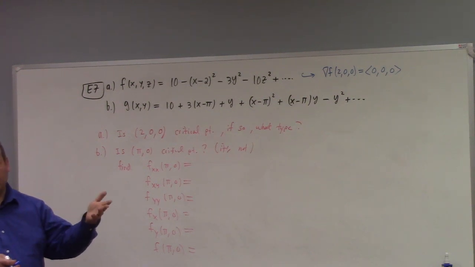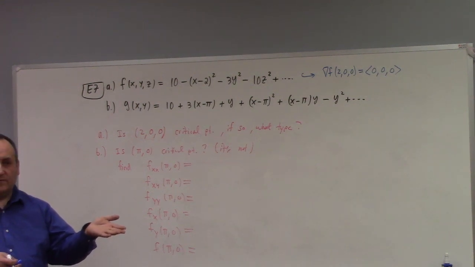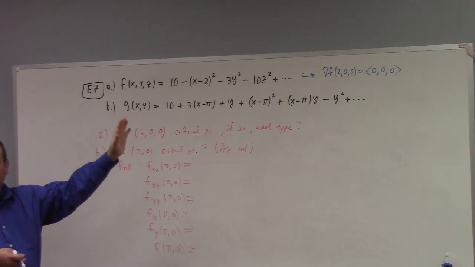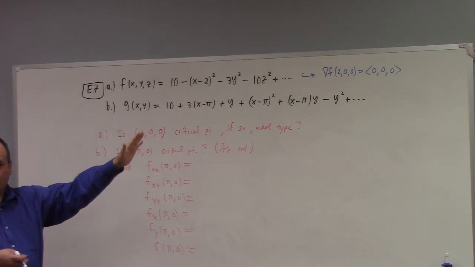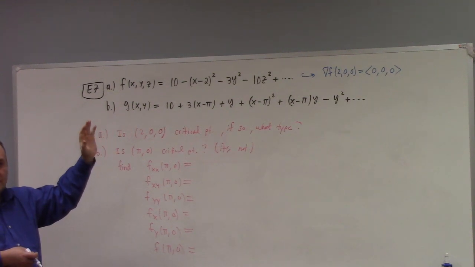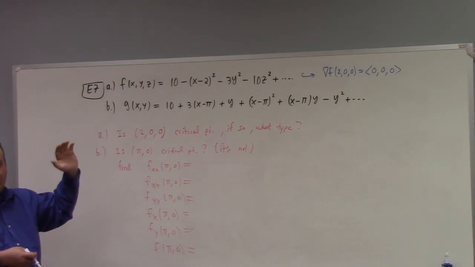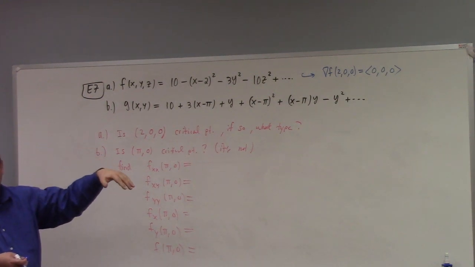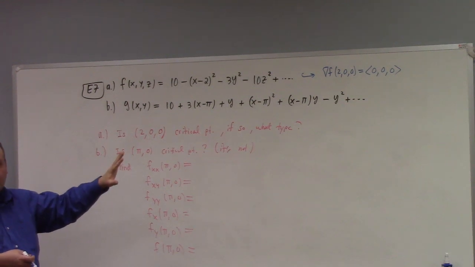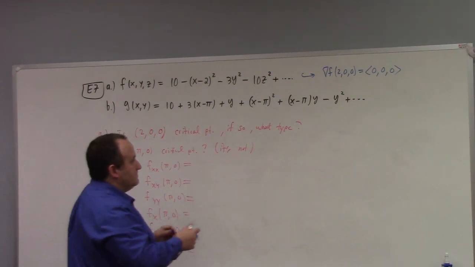But if it's everything there, either positive or negative, then just common sense answers the question. So the formula for f of x, y, z is 10 minus the sum of squares. What happens as you get a little bit away from the critical point? You've got 10 and you're taking away stuff, right? So that means that 10 is a local maximum. Anywhere close to it, you're taking away from 10, so you're smaller. So it's a local max.